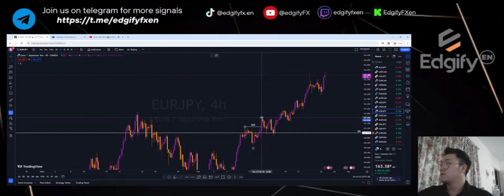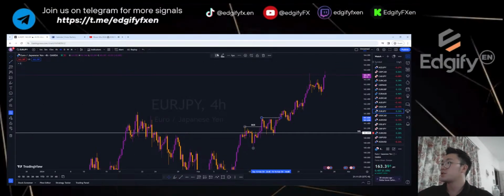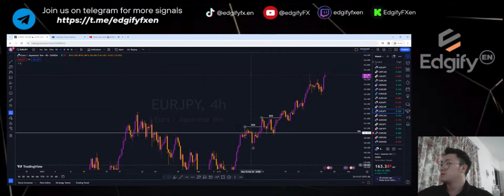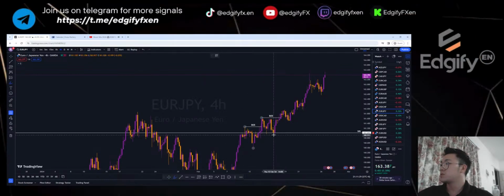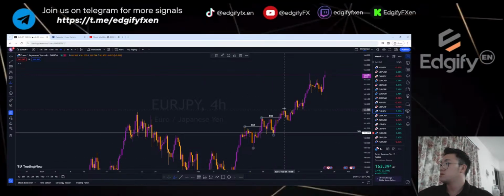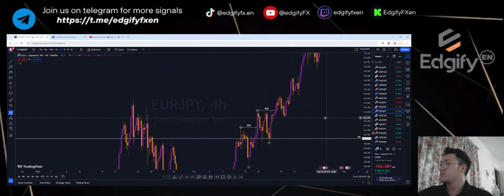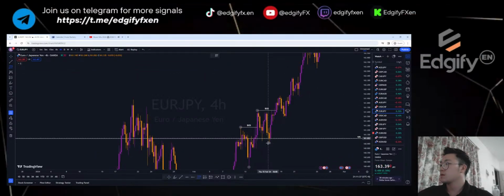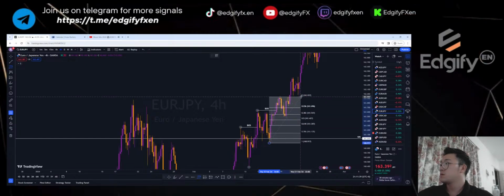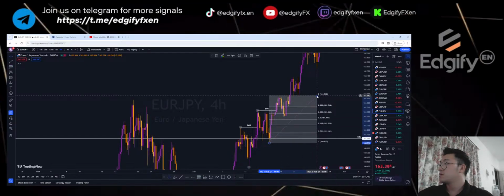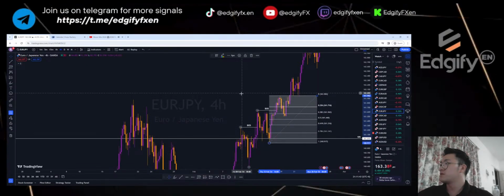Okay. We have another break of structure here, which then makes this our low, and this will be our potential high. This did not come back to our 50.